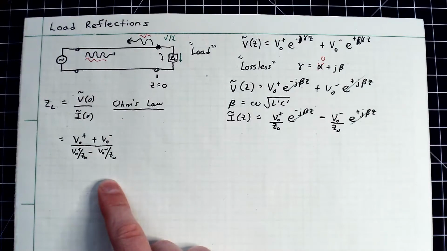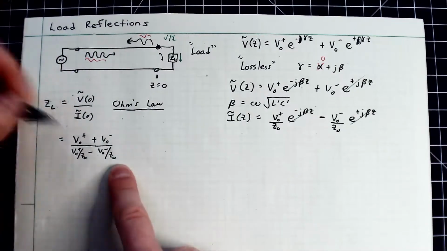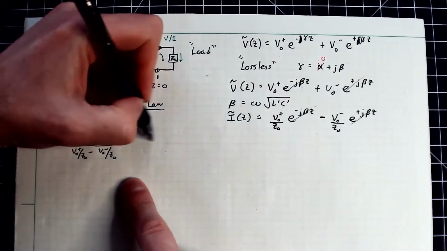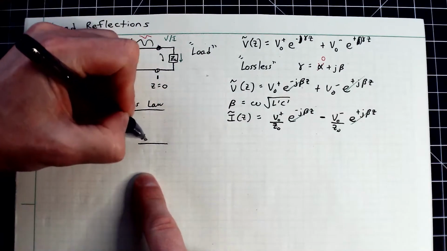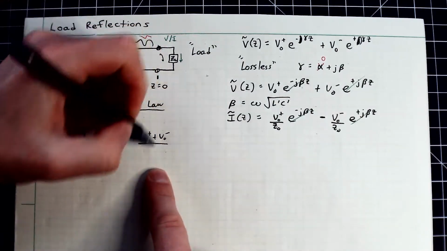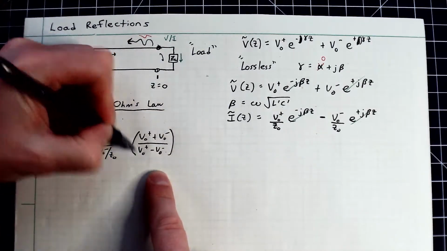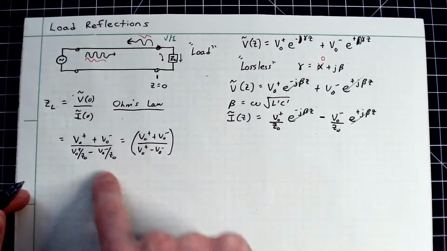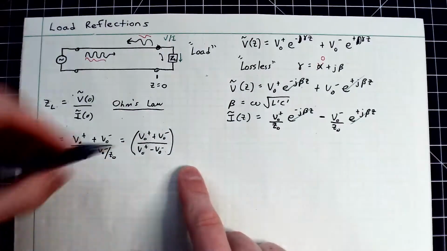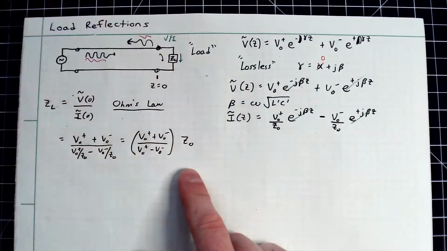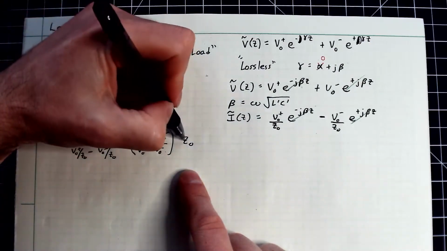If we do a little bit of factoring of that Z naught, I get V naught plus plus V naught minus divided by V naught plus minus V naught minus. If I factor out this 1 over Z naught term, a bunch of stuff simplifies and I just get a Z naught like so.